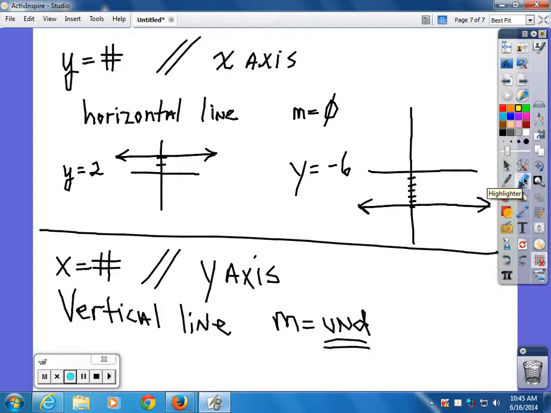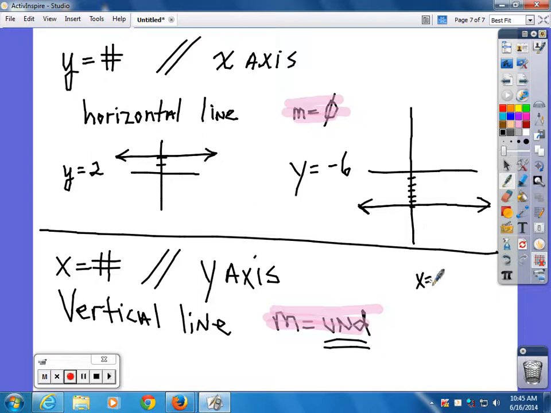So you might want to, we'll color that pink. You need to remember that is not equal to that. Vertical line, slope is undefined. Yeah, I got this. There you go. Good. Now let's do an example.